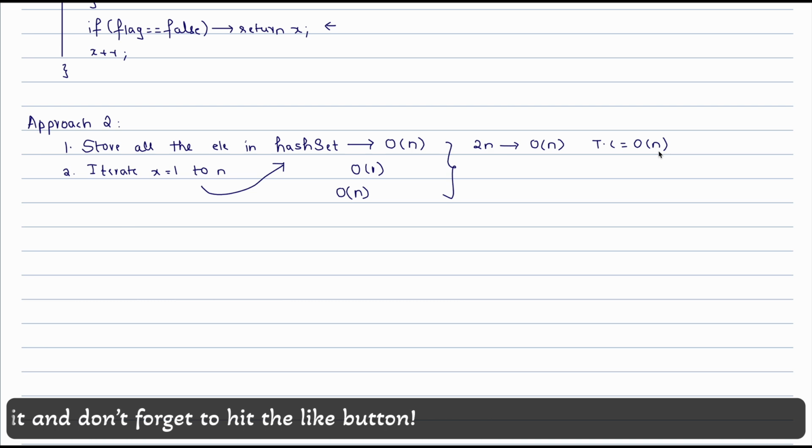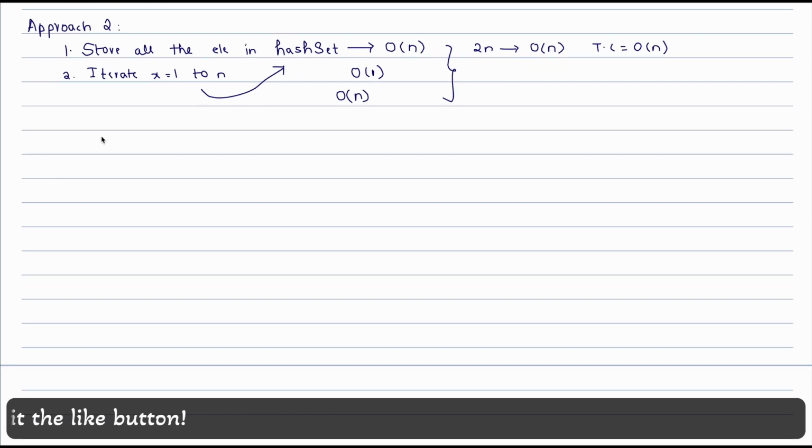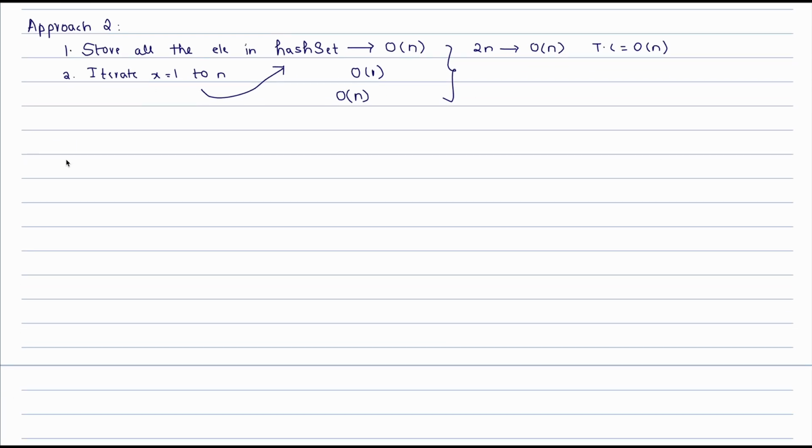Okay, let's see the pseudocode for this. First of all, you will be creating the hash set. Then using a for loop, I will run from 0 till n, and simply do hash set dot add a of i.